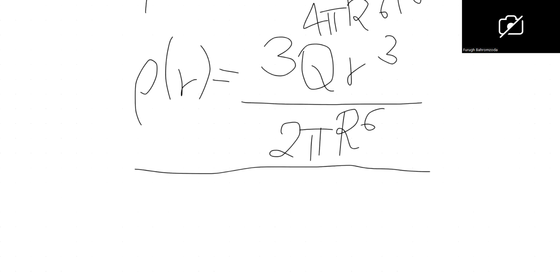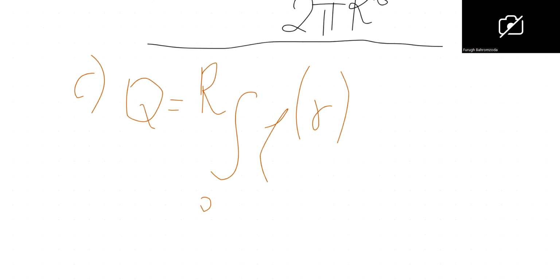Now let's move on with the third part. The third part is asking us to verify that when we integrate the volume charge density over the entire volume of a sphere, we will have the total charge Q. So let's start now.